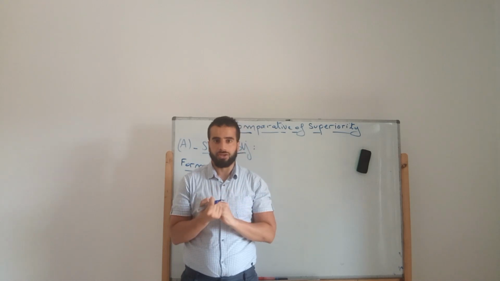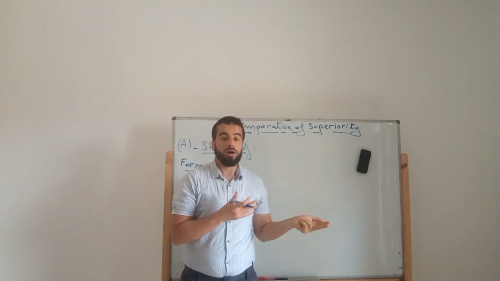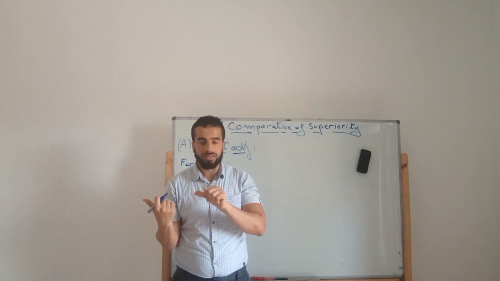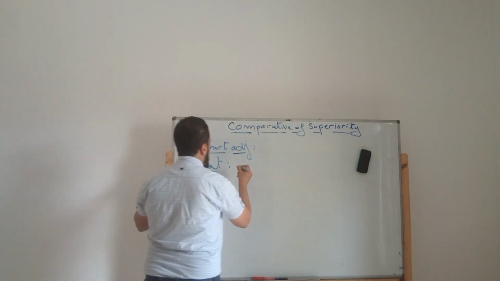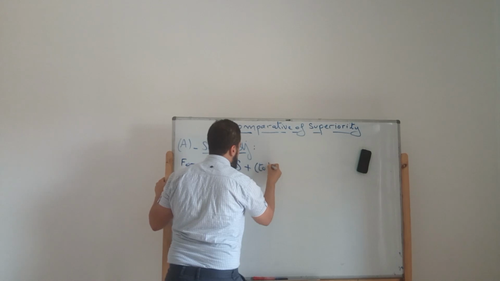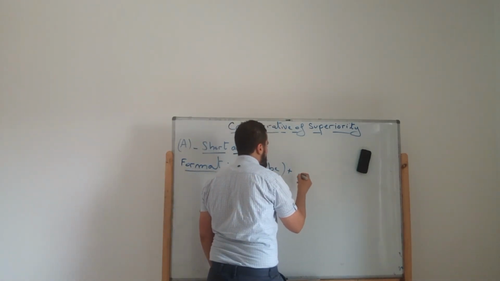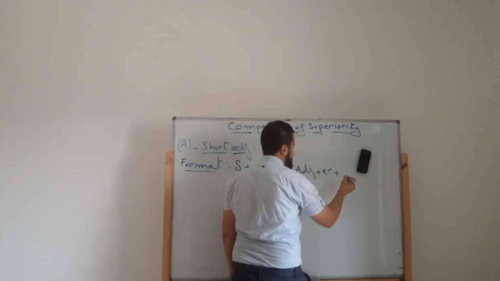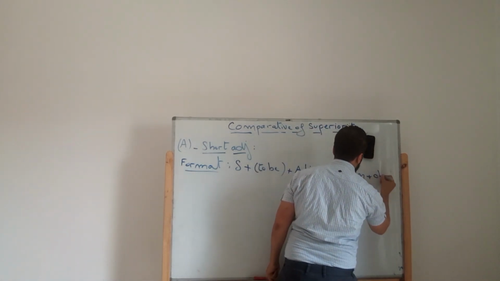Smart, smarter, etc. You cannot say more smart. You are going to use er plus the adjective itself. So adjective plus er. So what we have is subject plus auxiliary to be plus the adjective plus er plus than plus the object.